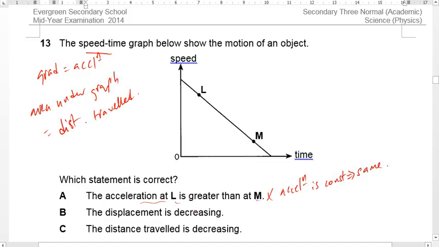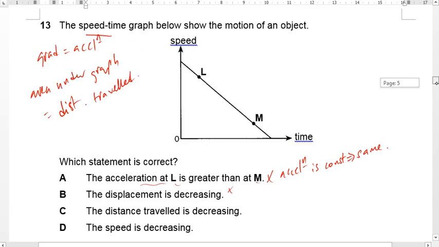Displacement is decreasing. The speed is decreasing, but does that mean he's going backwards? No. I can be running to the door, my speed decreases, and I am still heading towards the door. So, no. The distance traveled is decreasing.